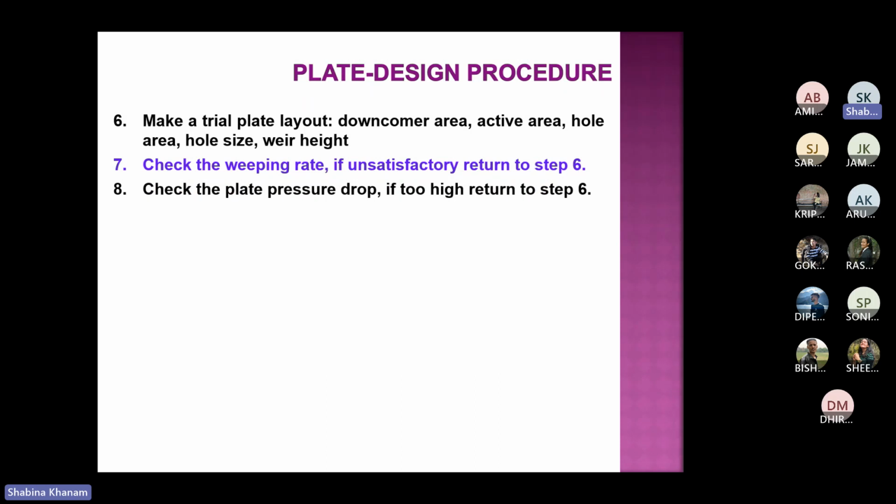If too high, we need to consider step 6. Plate pressure drop is again an important parameter for the flow of the liquid over the plate. So it should not be too high, and if too high, we need to adjust the parameters in step 6. That we will see.